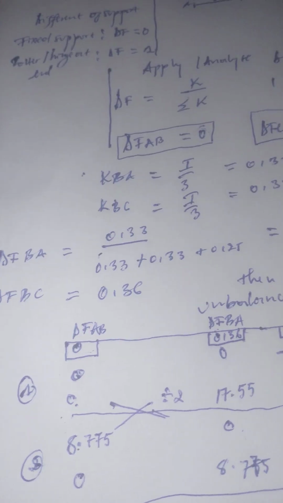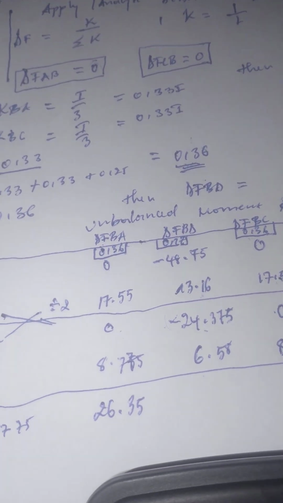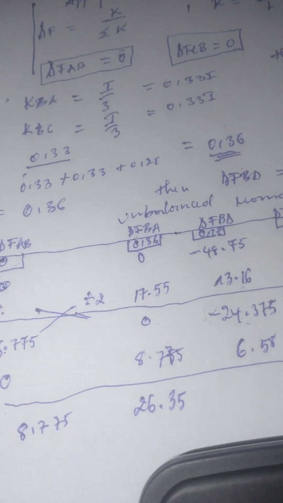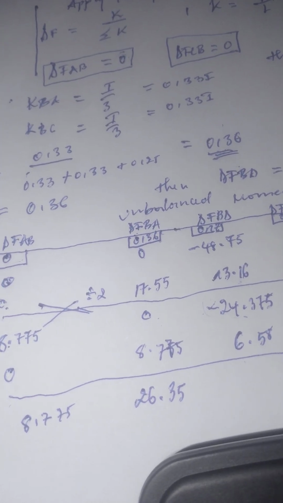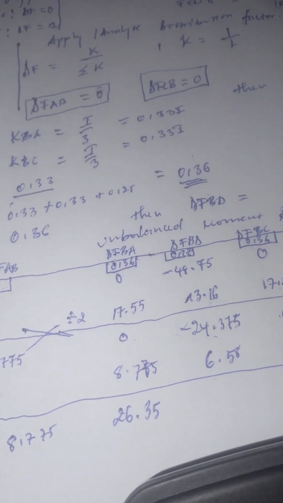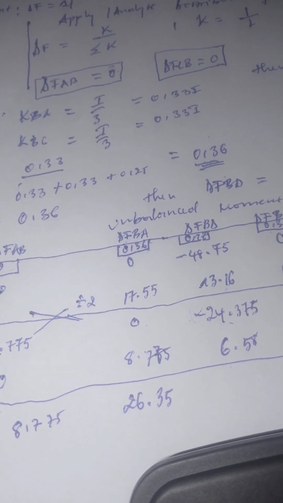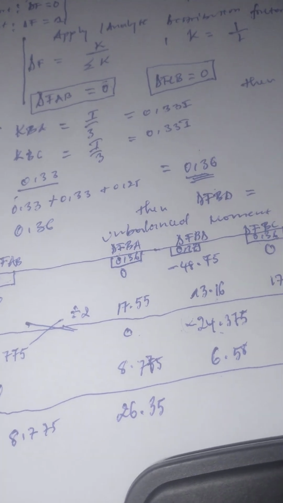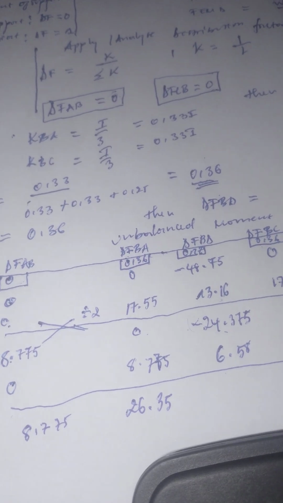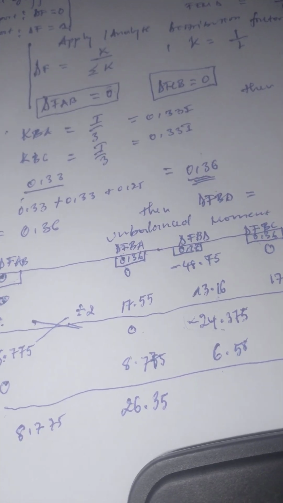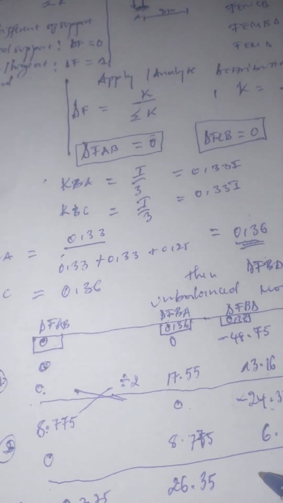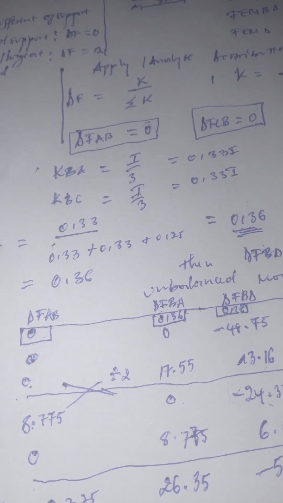By then here we add by taking off negative 48.75, then plus 13.16, then negative 24.375, then plus 6.58 is equal to negative 53.38.